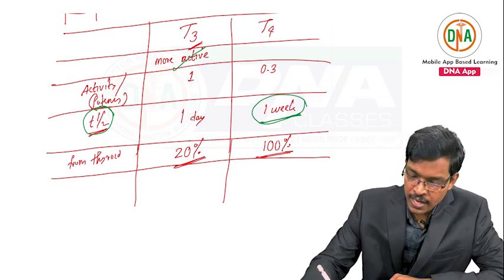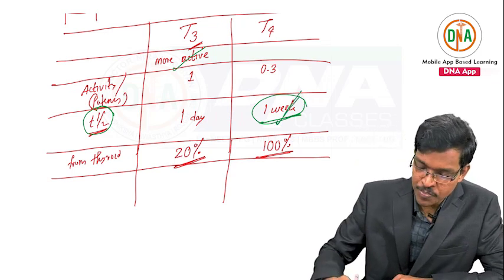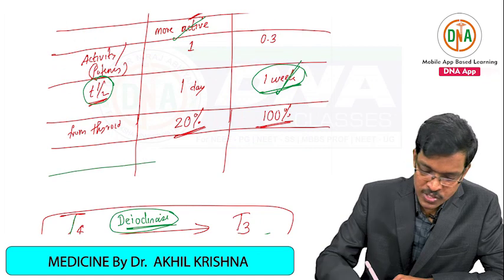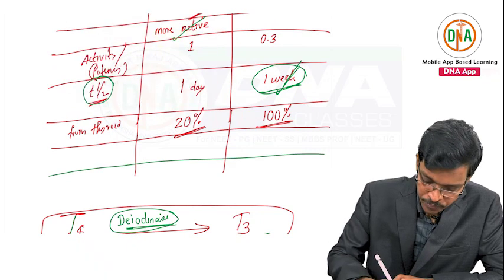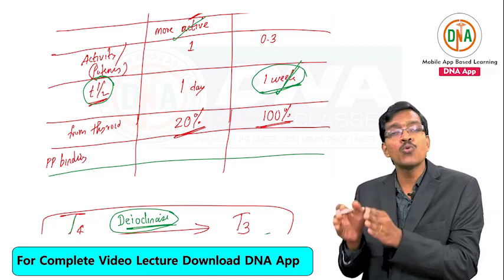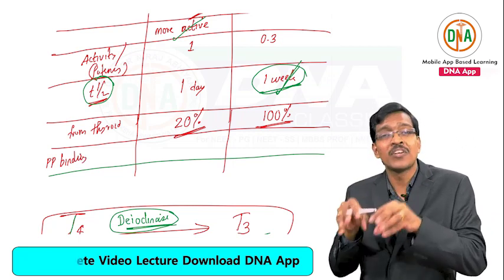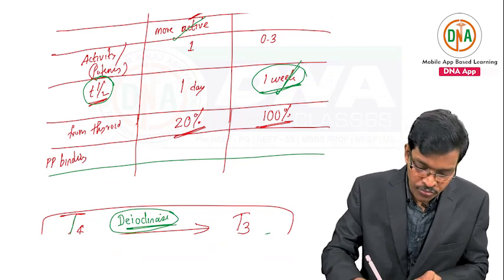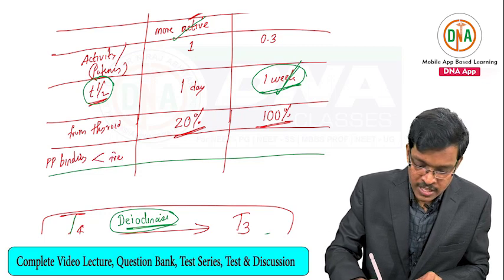This longer half-life is because of plasma protein binding. The plasma protein bound form is the bound form, whereas the free form of the hormone is the more active form.